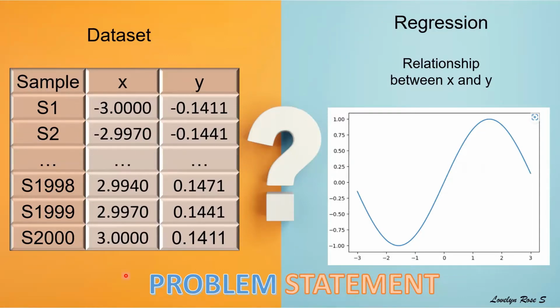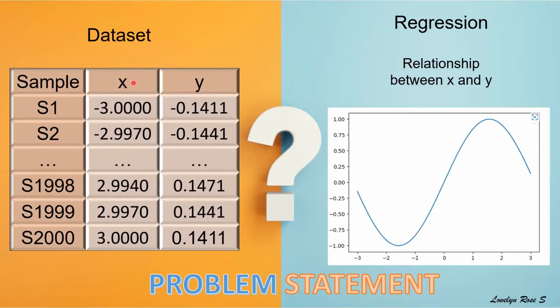To be more elaborate, the input is a fabricated data set with one input x and the output is y. The reason I call it a fabricated data set is that I already know the pattern my y has to follow, because I have fabricated my y in such a way that y is equal to sine of x.